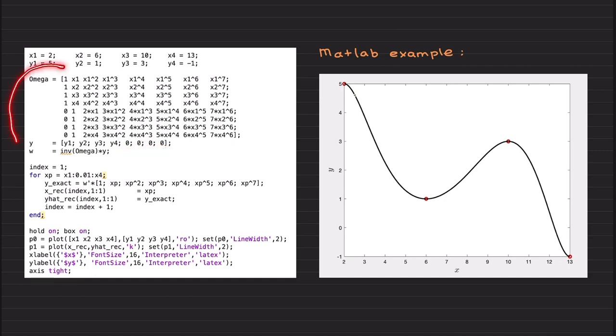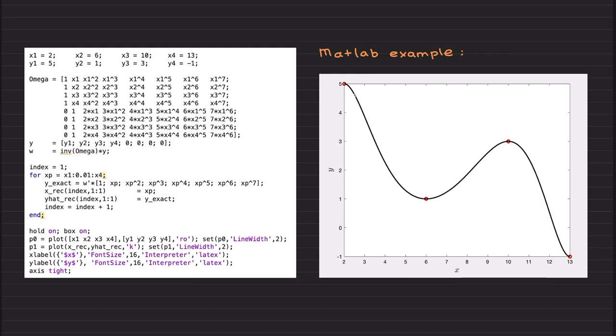So this basically represents y equals omega multiplied by w. Solving this, and then this part of the code is just for plotting purposes. You are going to see that we have a nice fit that's shown here.